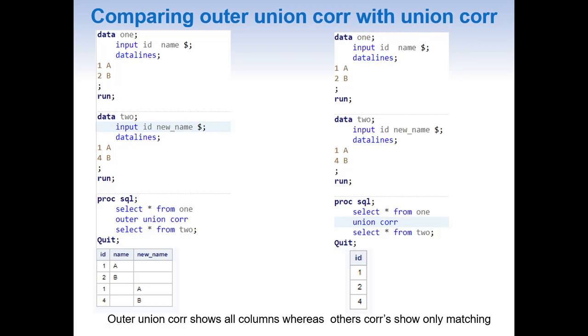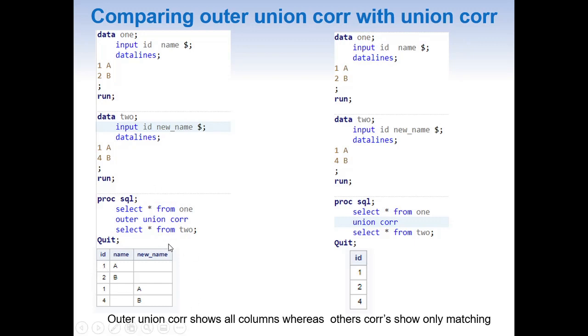Now, if you look closely into the results of outer union corr, this looks very similar to our data step results. We can append the data sets in a data step by using a set statement and mentioning data set names, and you get pretty much the same result.